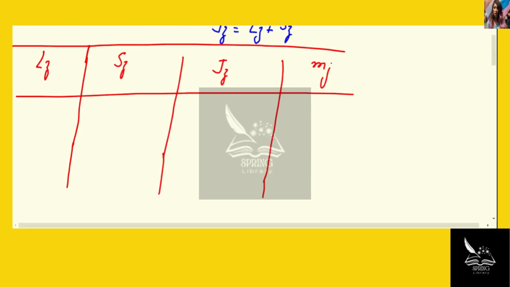For Lz equal to h bar and Sz, that is half of h cut, we have Jz, that is sum of Lz and Sz, that is equal to 3 upon 2 h cut.